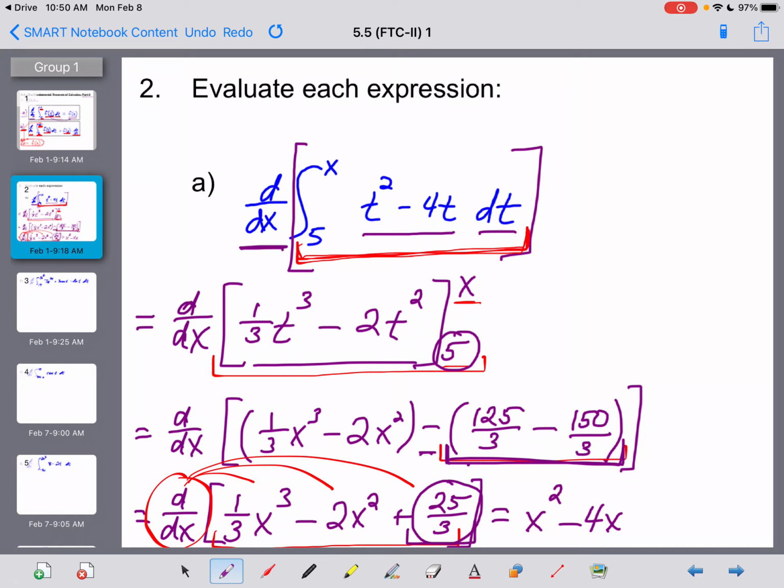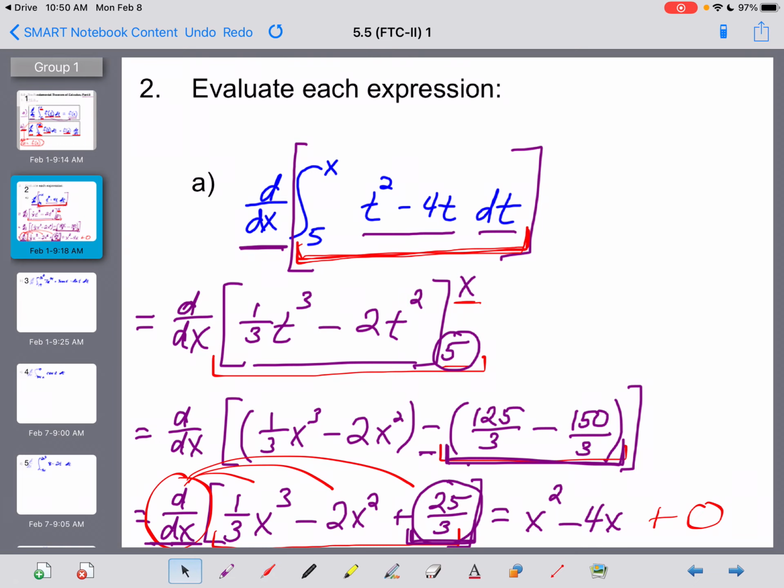And whatever that constant value ended up being, as soon as I differentiate that constant, it becomes 0. So there's a big fat plus 0 that goes at the end here that will always go at the end here. And now I realize why the value of that constant did not matter.